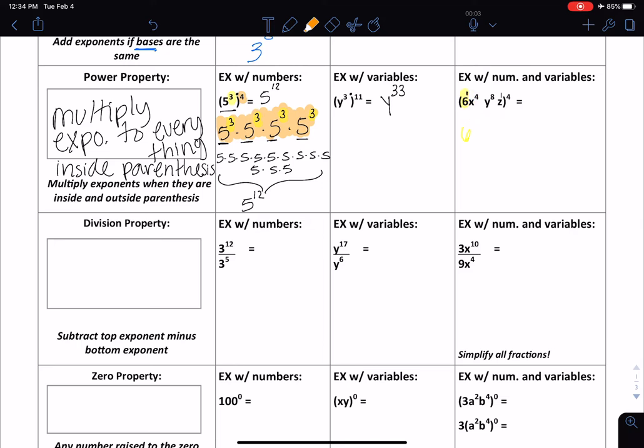Let me write it this way, sorry. So I did 6 to the 1st times 4, which is 6 to the 4th. There you go, so you guys don't get lost. Then I'm going to do my x's, which is x to the 4th times 4. That gives me x to the 16th.